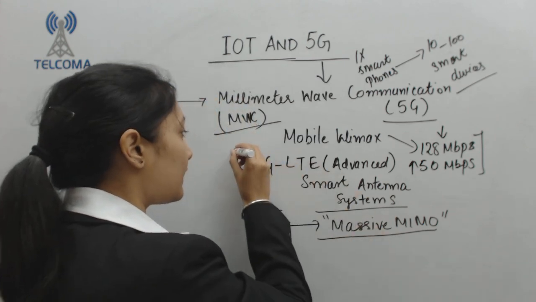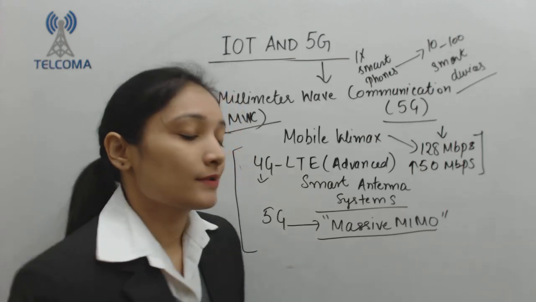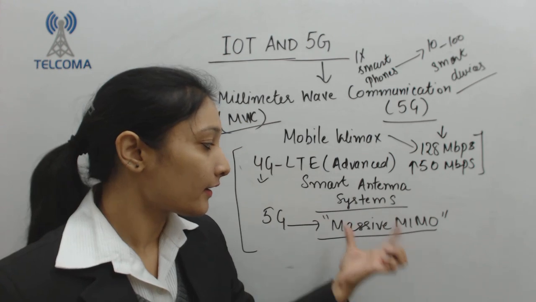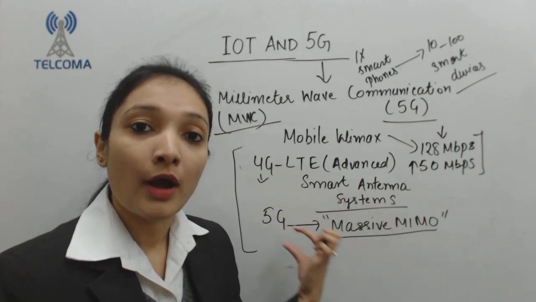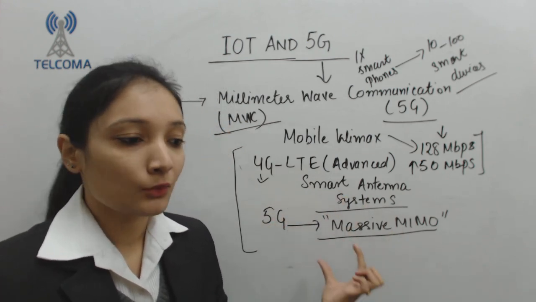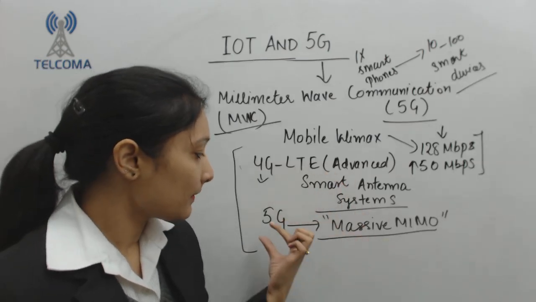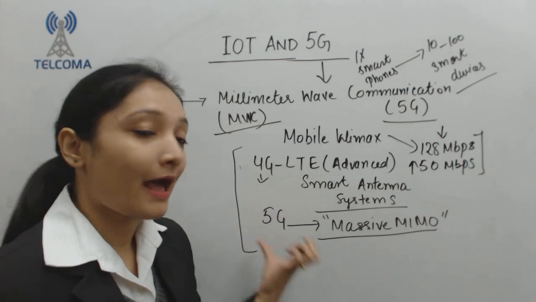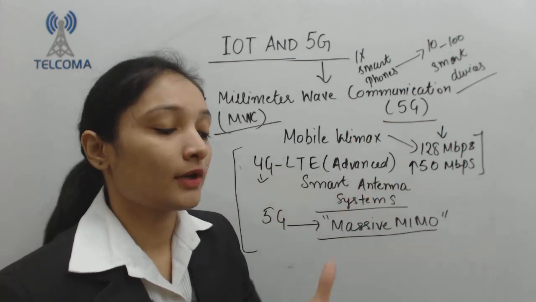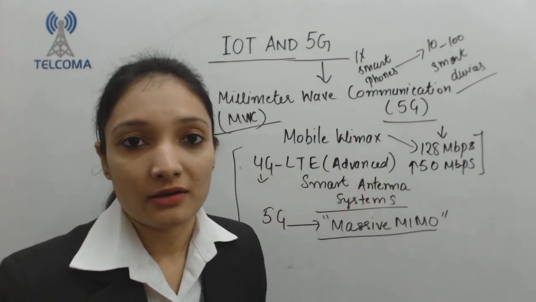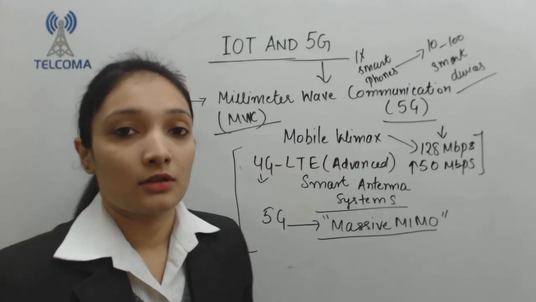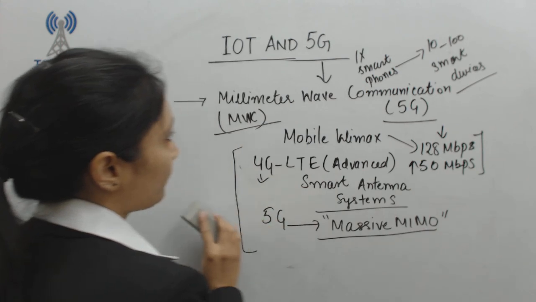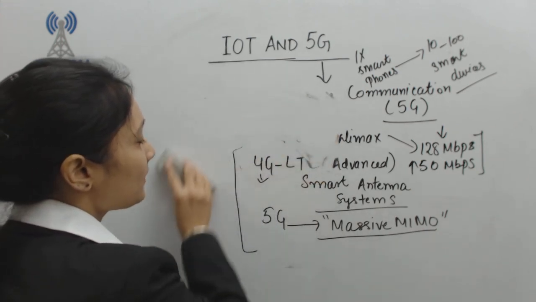So if your fifth generation of cellular technology is using such technology and this is acting as support for IoT, then at the end we can say that this backbone is providing enhanced services for your smart devices which are connected to each other in an environment. So this millimeter wave communication was the first standardized upgradation for the fifth generation of cellular system.